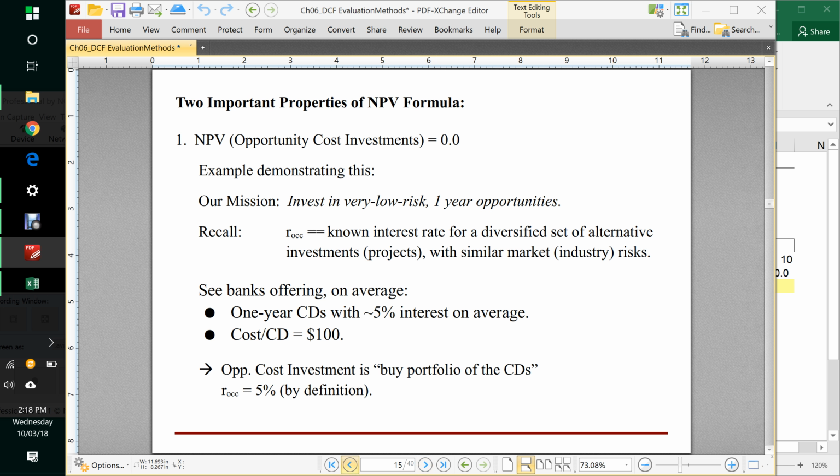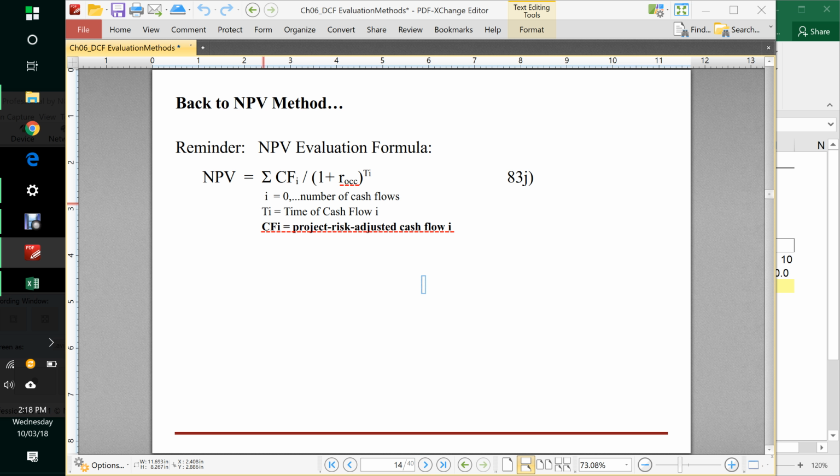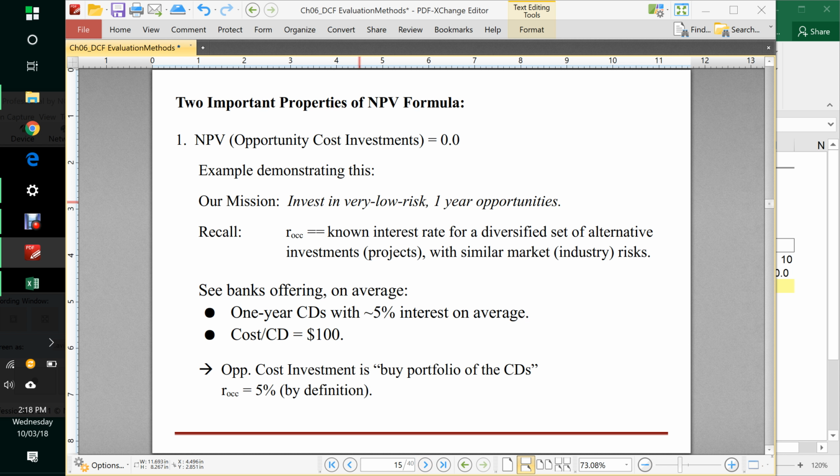And of course, with NPV, this includes every cash flow for the project, including any cash flows at T equals 0, okay?